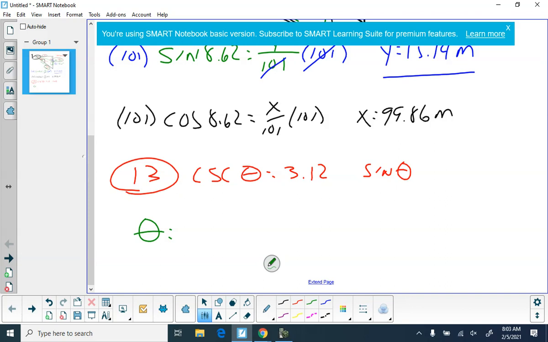Anybody remember the first thing we did? 1 over sine of theta. We rewrote it as a reciprocal function. What do we do to both sides next? Mitchell? Flip them. Flip both sides.